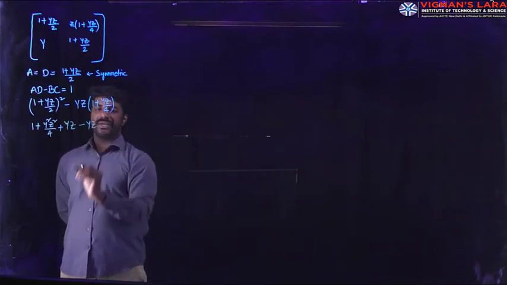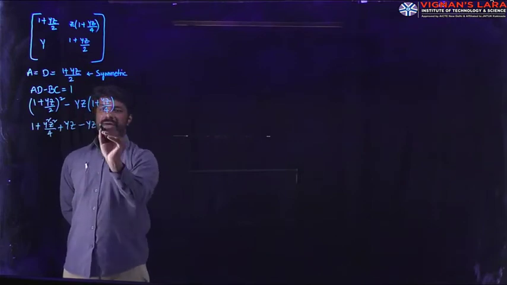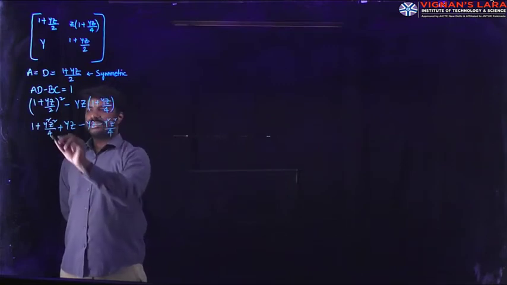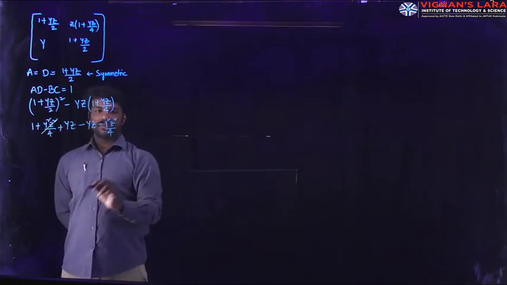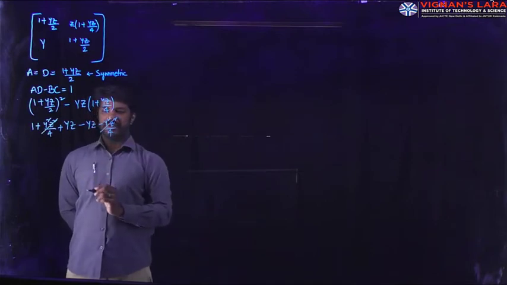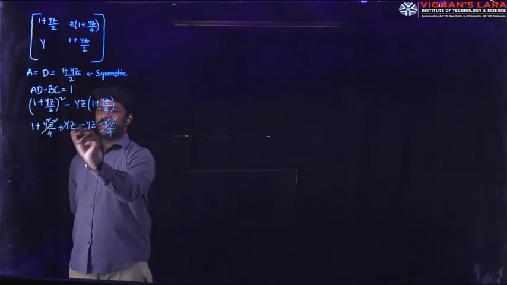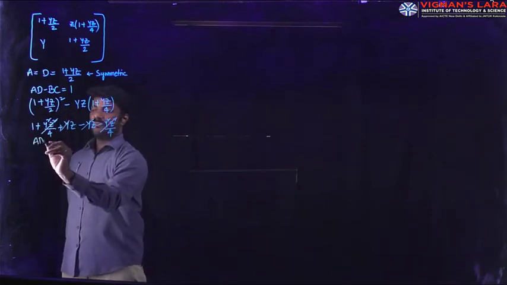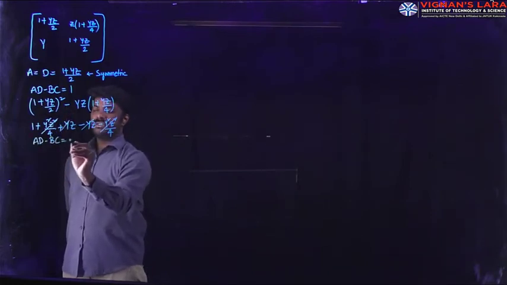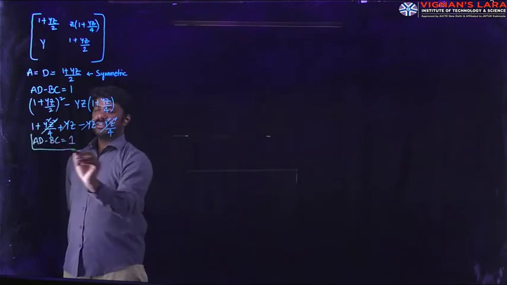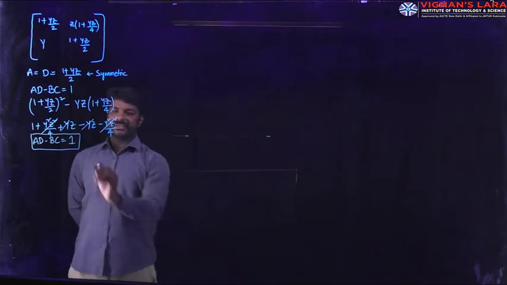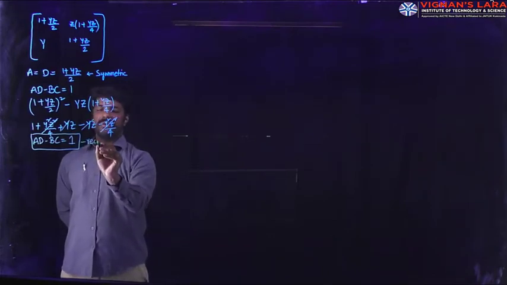It is called YZ. And plus into minus, minus Y square Z square by 4. If you check this, plus Y square Z square by 4 and minus Y square Z square by 4 get cancelled. Plus YZ minus YZ get cancelled. And this AD minus BC value, what we got is plus 1. Since this condition was satisfied by this nominal T network, then we can say that it is reciprocal.